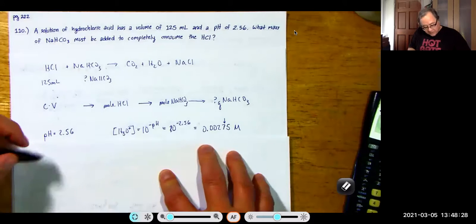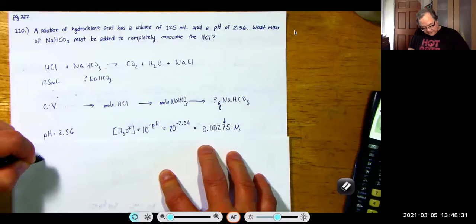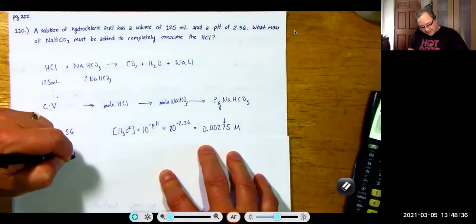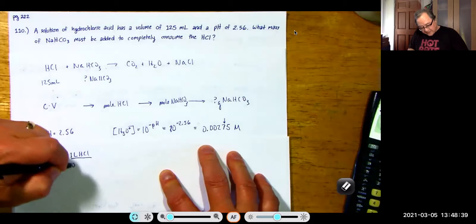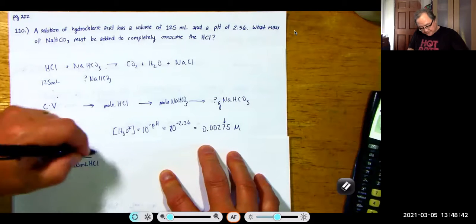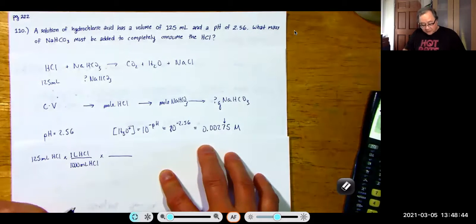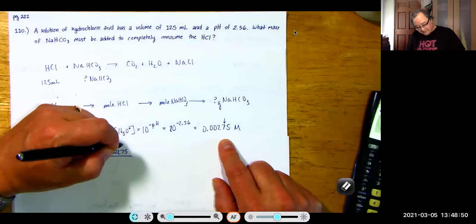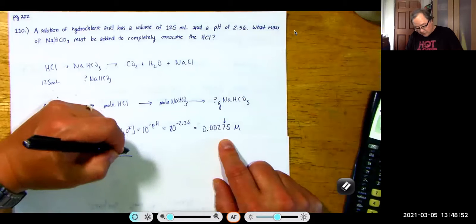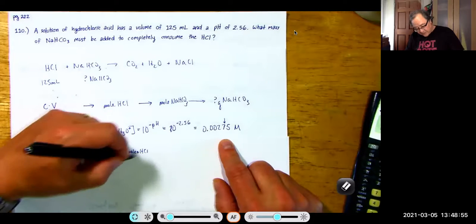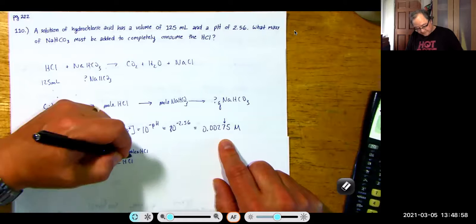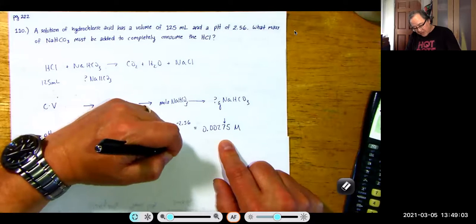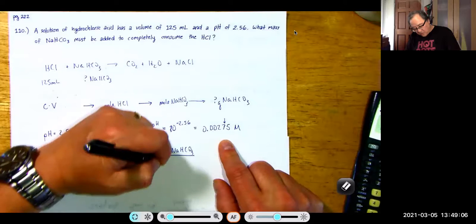We know that we have 125 milliliters of HCl times 1 liter of HCl per 1,000 milliliters of HCl times the concentration of 0.00275 moles of HCl per 1 liter of HCl, and then times 1 mole of sodium bicarbonate per 1 mole of HCl.